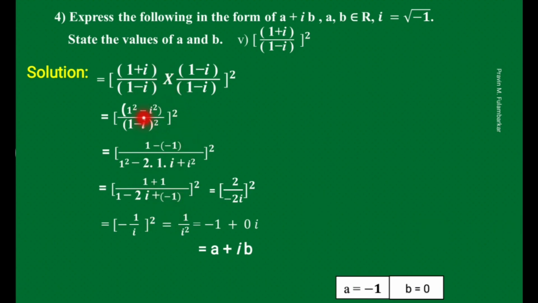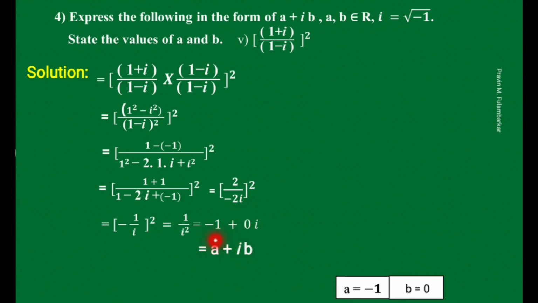This problem is similar to the first sub question. So you can simplify the bracket first, then take its square. If you observe, you get the value 1 upon minus i, that is minus i, then we take its square.